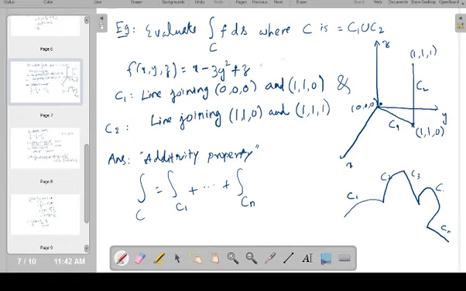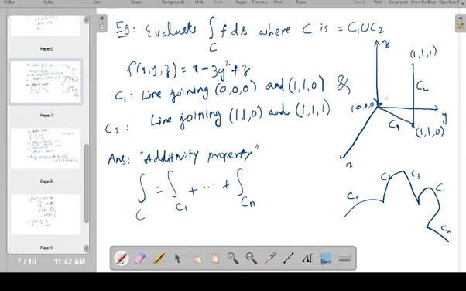But this example shows the value of the integral depends on the curve. In the first example, the curve was from the origin to the point 1, 1, 1, and that was the straight line.